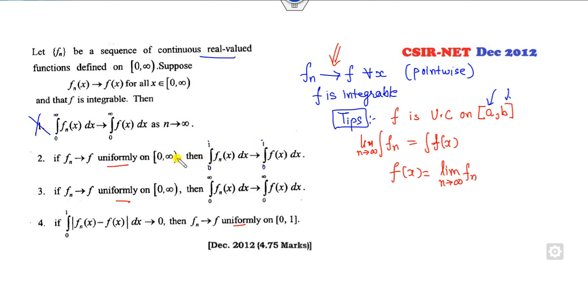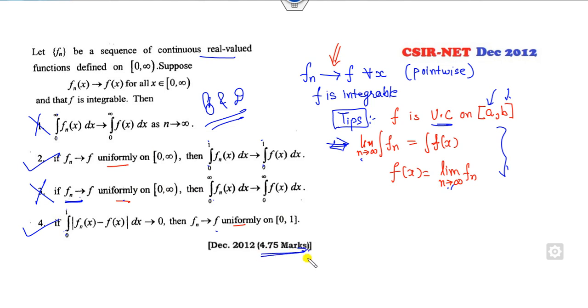This is the closed interval, so if it converges uniformly, this implies the correct option. f_n converges uniformly, but they are not a closed interval. This option is cancelled. This is a closed interval, so this implies it because you already stated it. So these are simple tips. You can see B and D are the correct options.